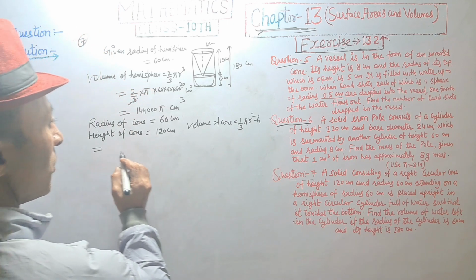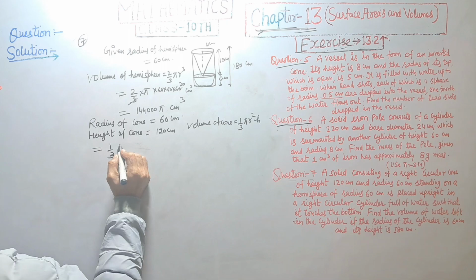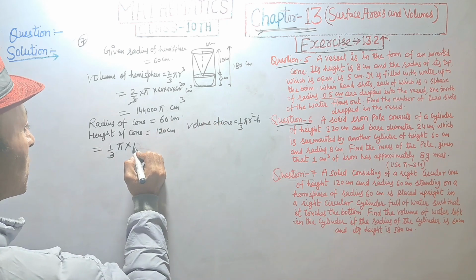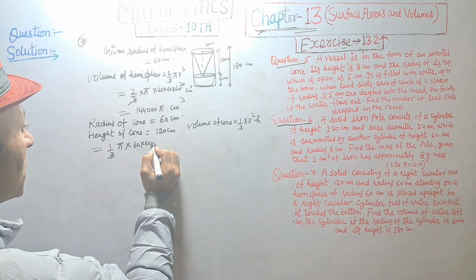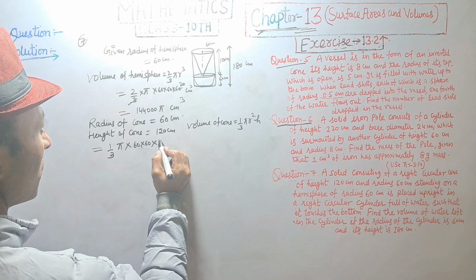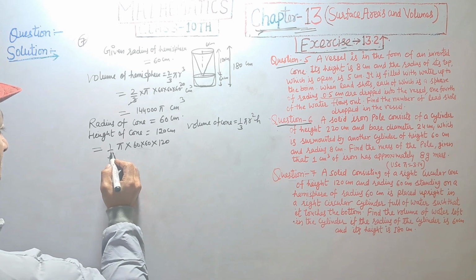That is equal to 1 upon 3 pi into radius 60 multiplied by 60 into height 120.